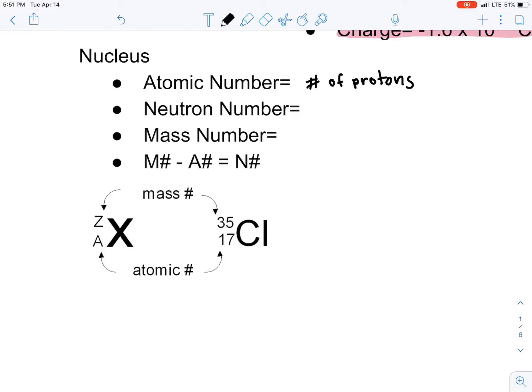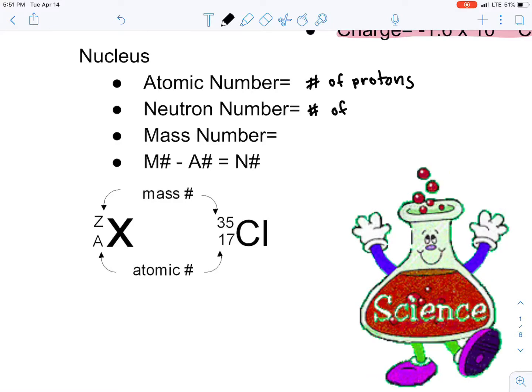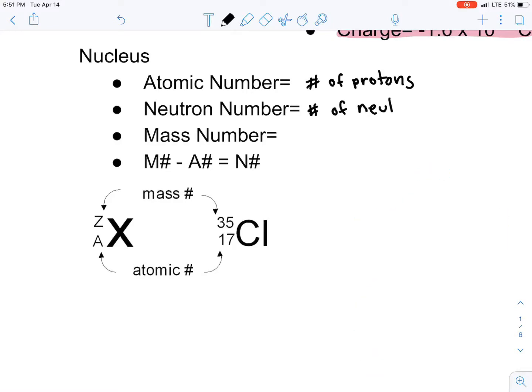But the neutron number is just the number of neutrons. Sorry about that. Okay, and then the mass number is the number of the protons plus the number of the neutrons.